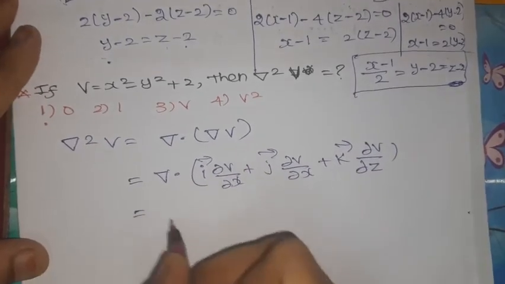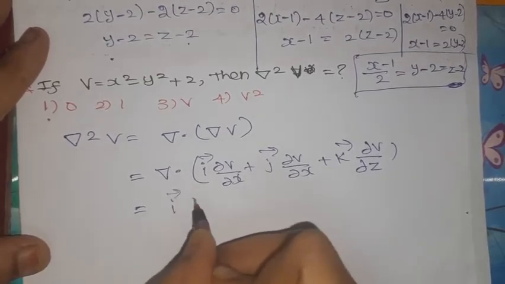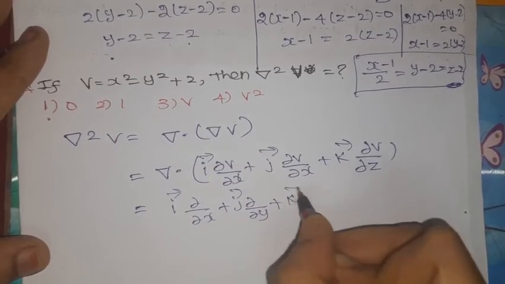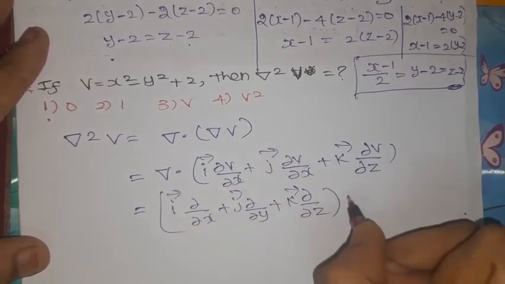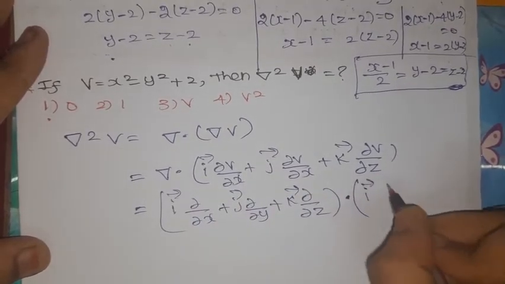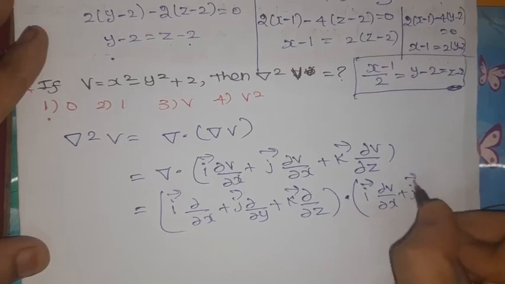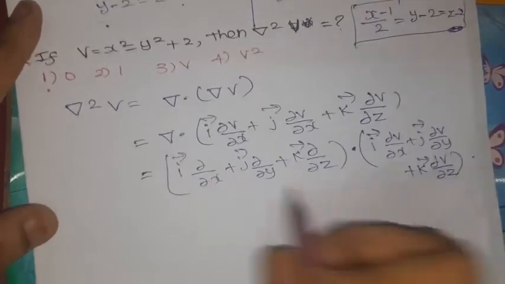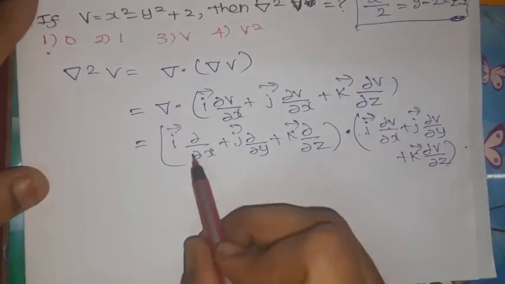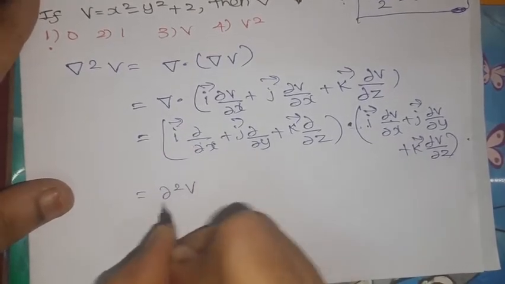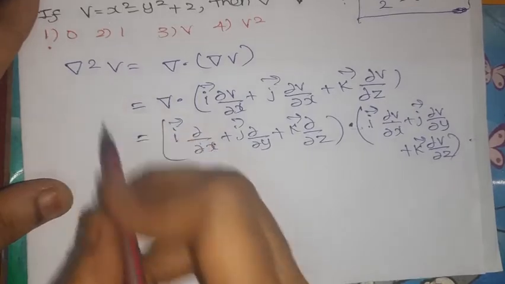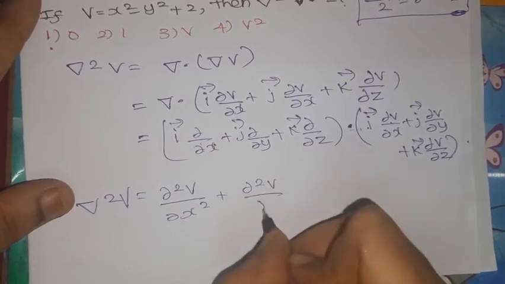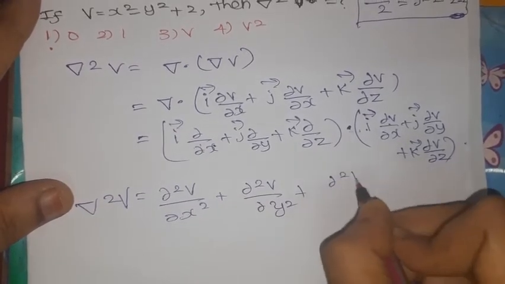Here del is nothing but i into dou by dou x plus j into dou by dou y plus k into dou by dou z, dot this term: i into dou v by dou x plus j into dou v by dou y plus k into dou v by dou z. So do the dot product, i dot i. So what is that? Dou squared v by dou x squared. So del squared v is nothing but dou squared v by dou x squared plus dou squared v by dou y squared plus dou squared v by dou z squared. Very simple.